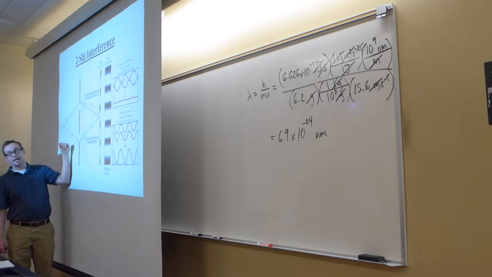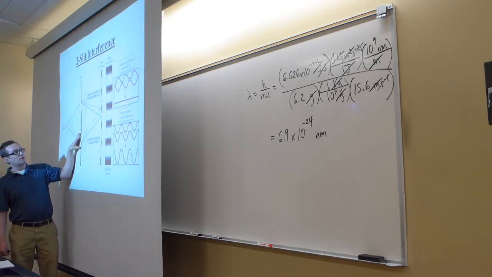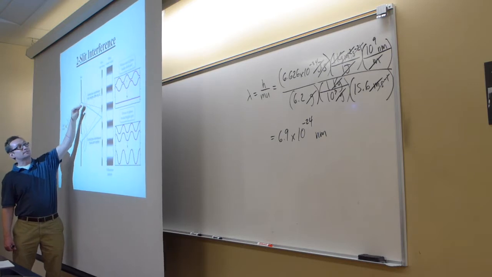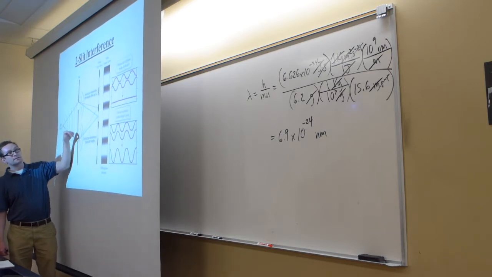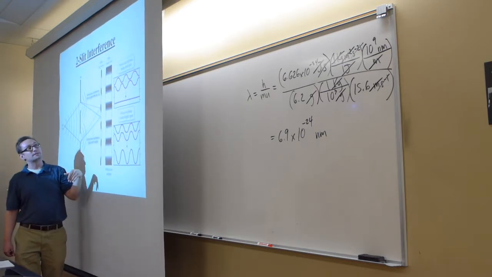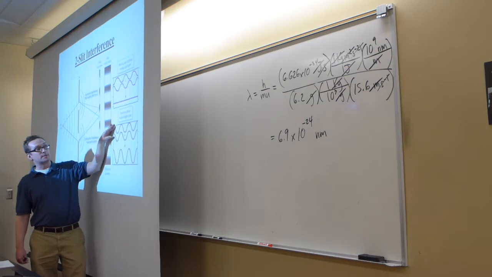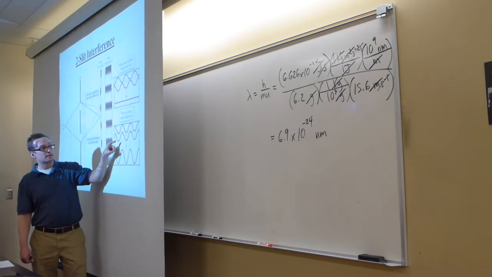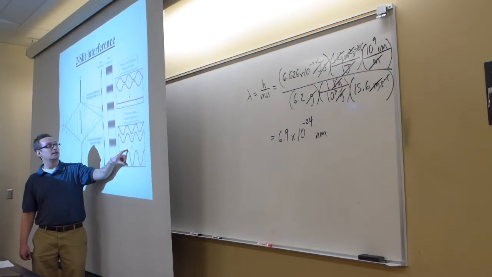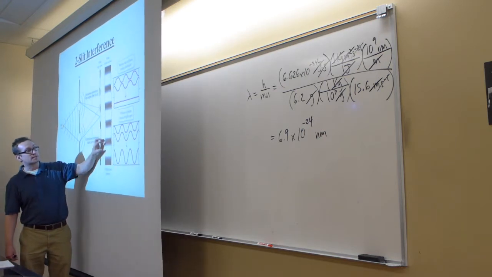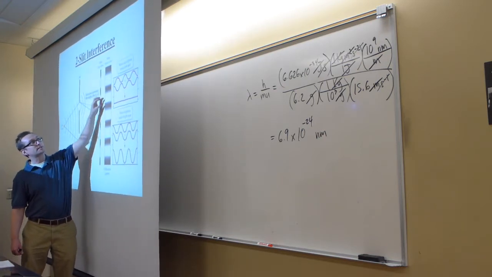And because the light behaves as a wave, as the waves are going through these slits, some of the waves do something called constructive interference, where the waves become in phase with one another and they result in a higher amplitude beam. And this is where you get these bright spots on the screen behind the slits.